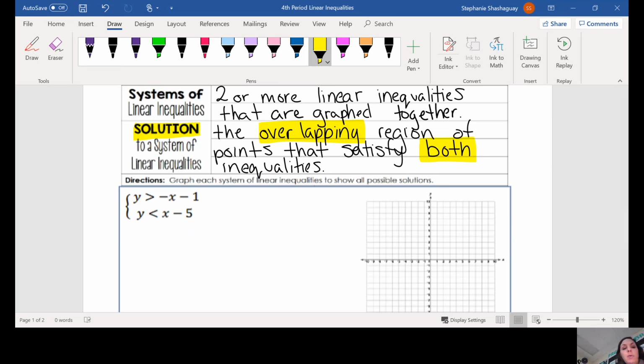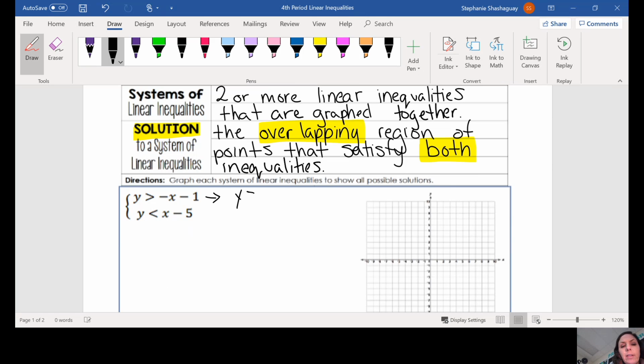Okay, so we have two equations here. So this is a system. We need to graph each linear inequality to show all of the possible solutions. So y is greater than negative x minus 1. I'm going to look at this linear inequality first.